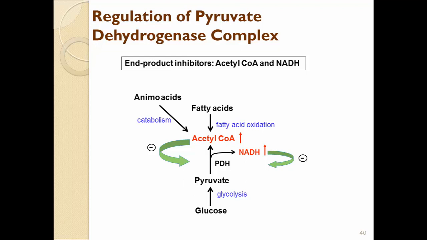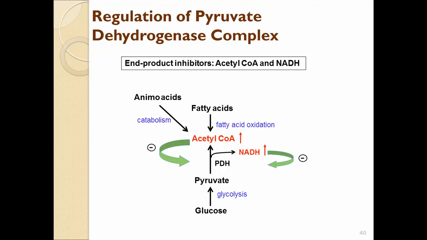The other important thing I want to tell you is that acetyl-CoA is not only generated from glucose, from glycolysis and glucose metabolism, it can also be produced from amino acids and fatty acid oxidation, right?